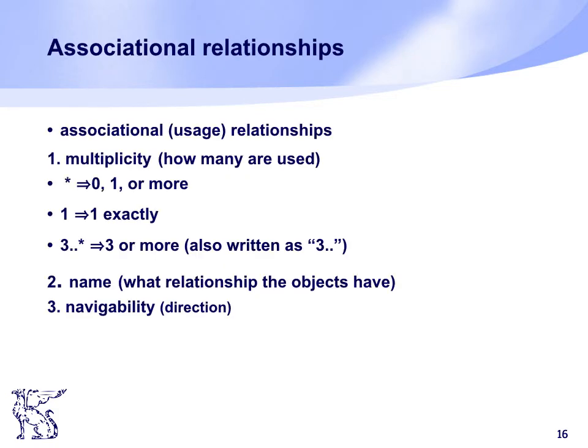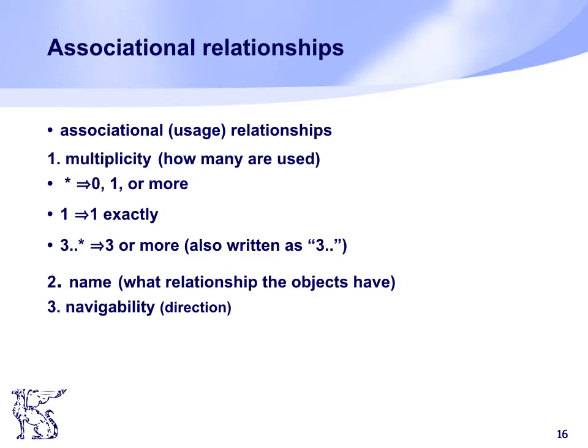So the next one is association. I have already explained to you what association is. It's a link between different classes. So for representing association, you will need multiplicity, you will need a name, and you will need a direction. Here multiplicity could be a one-to-one relation, a one-to-many relation, or a many-to-many relation.